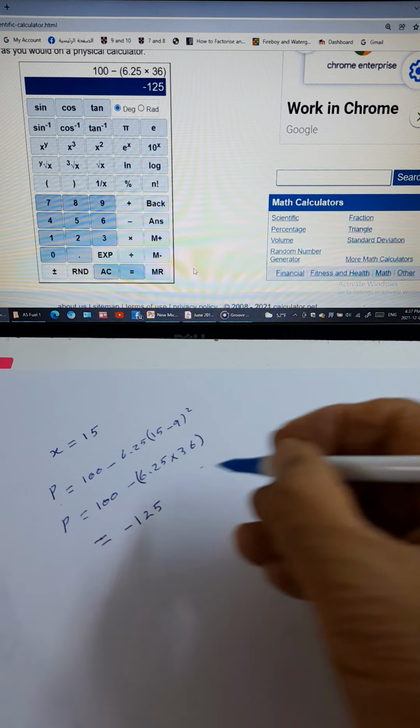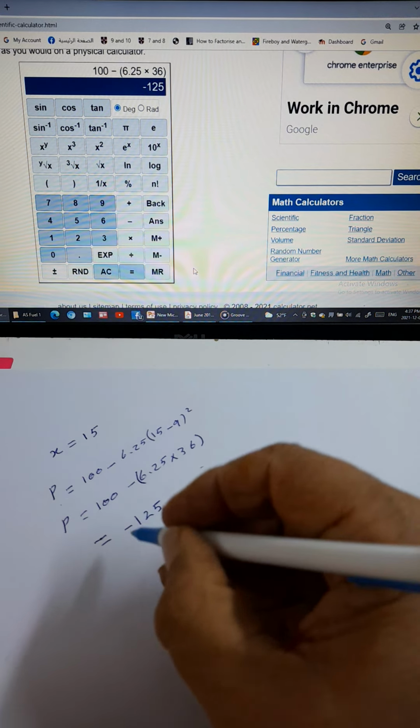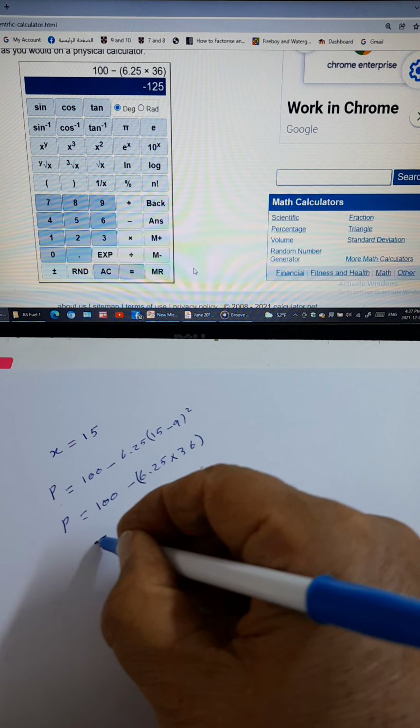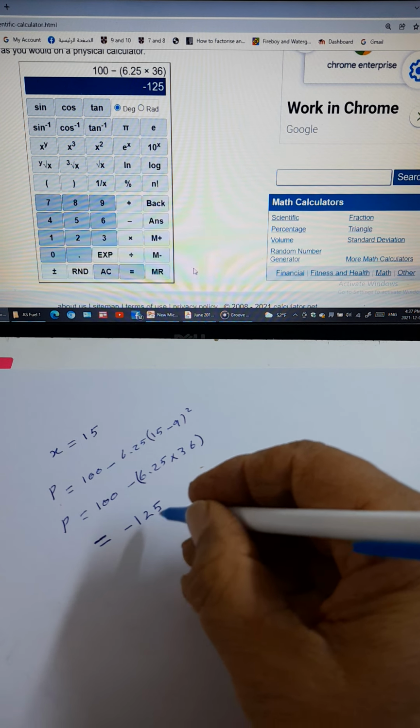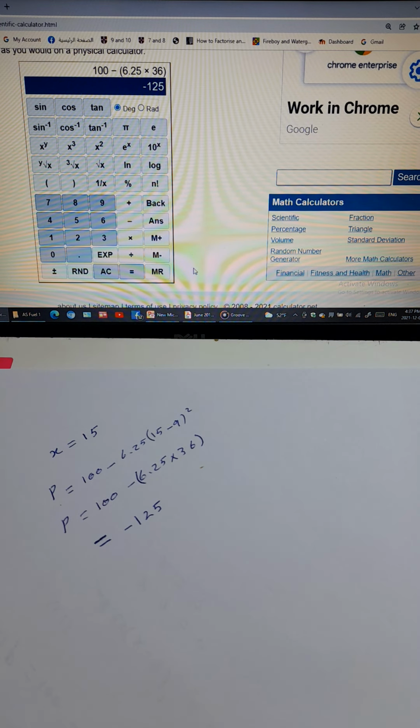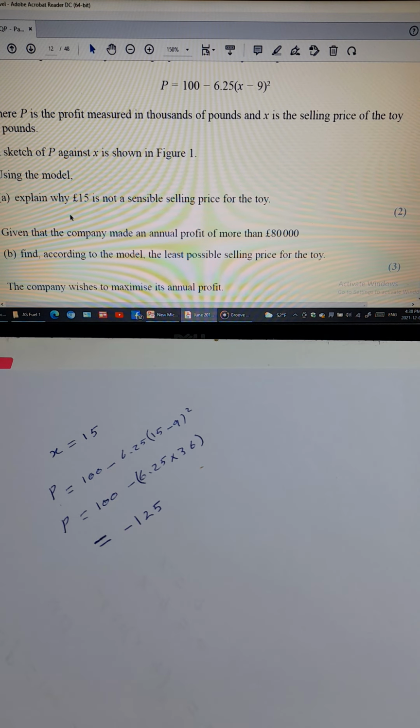So this is unreasonable because there is a loss. This means that the company loses. This is A.